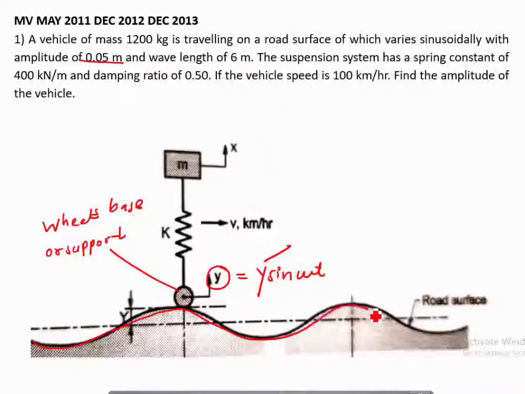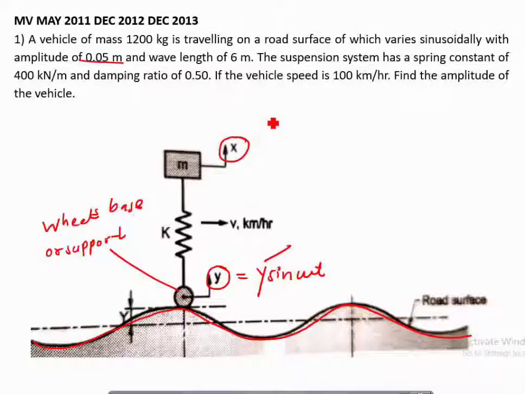Because of this rough road surface, the wheel or the base or the support has been given y sin omega t, that is a base excitation, and from this the excitation goes to the mass m, whose displacement is x, and this x is nothing but the absolute displacement of the mass or the body.